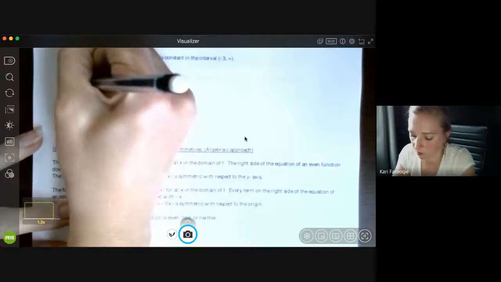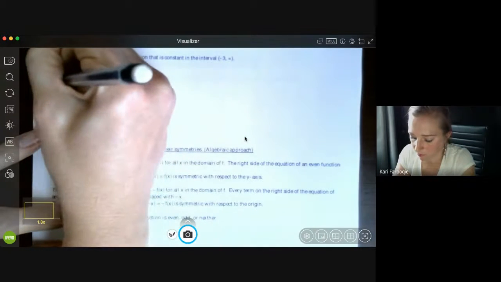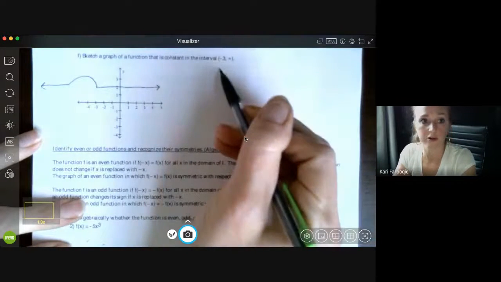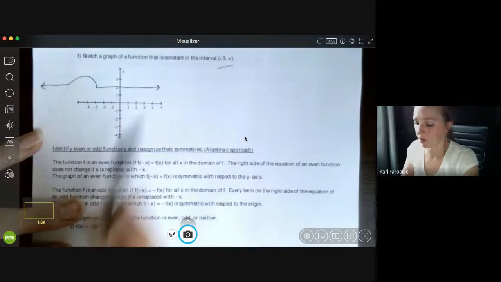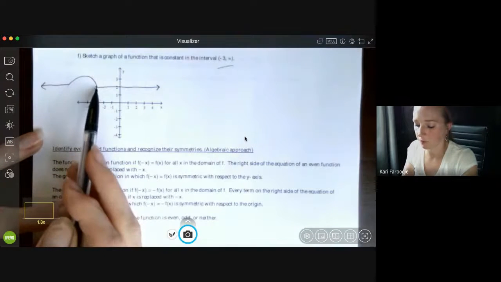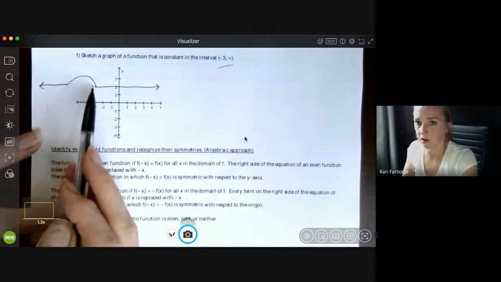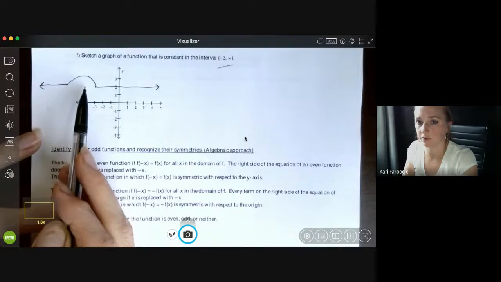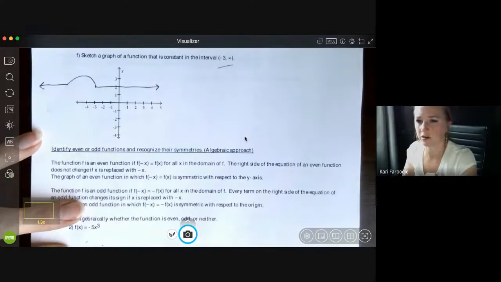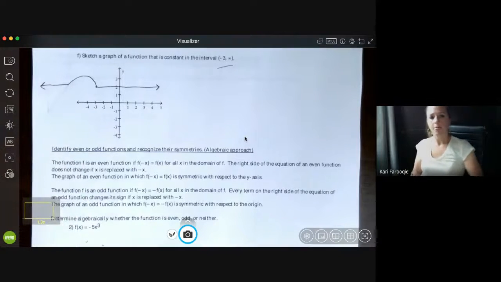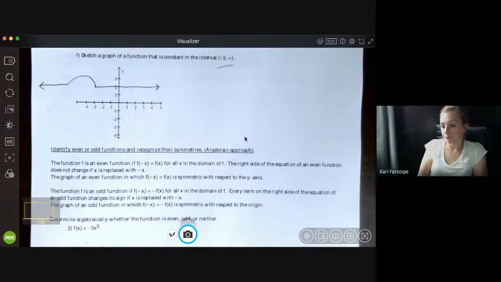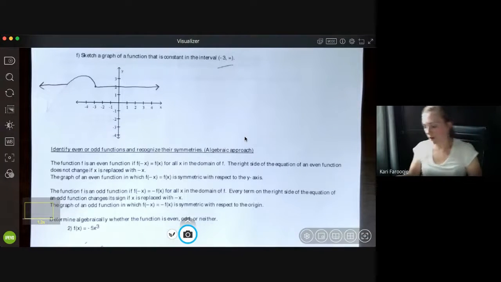You could have even done something like this, and it still would have followed this rule. But in order to technically follow this rule, you don't want it to be constant immediately to the left of -3. Does that make sense? Okay. But this would have been fine too.